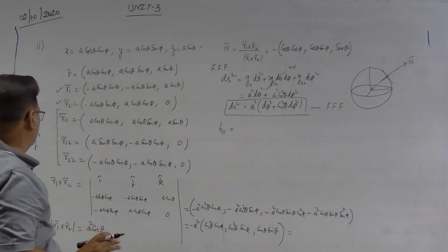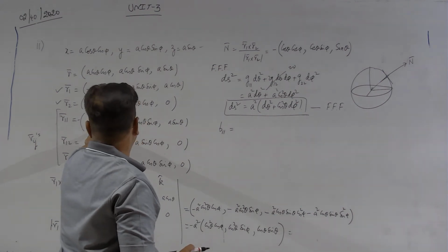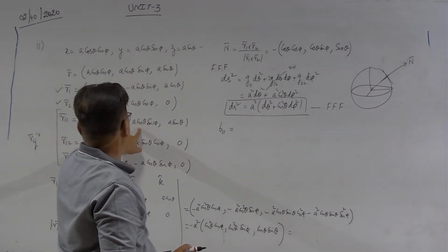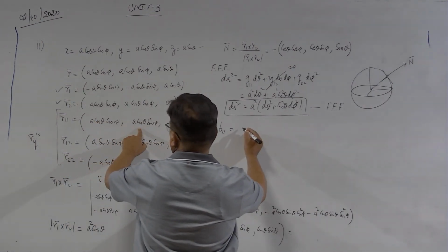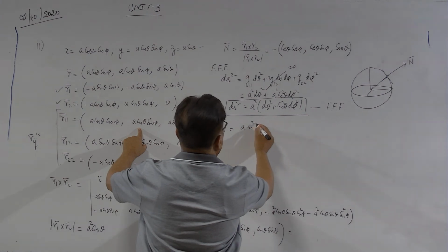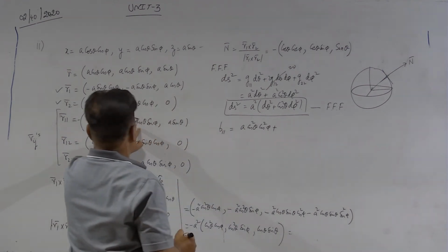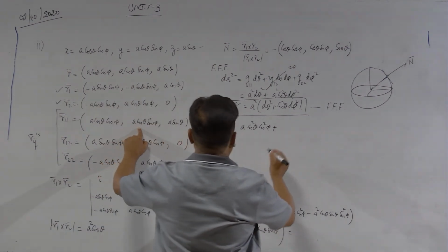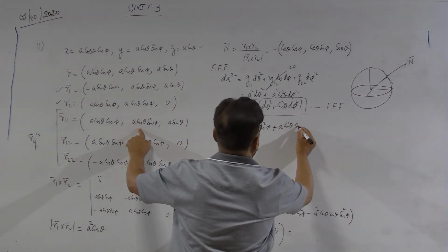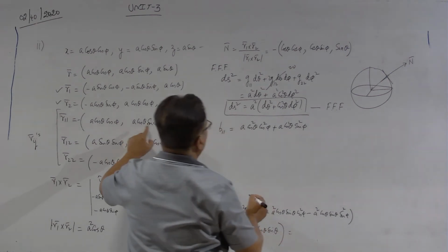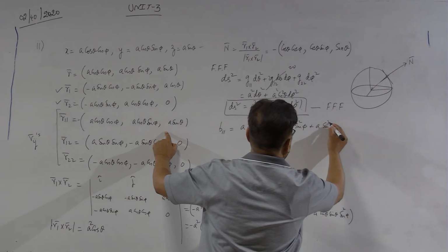So, this minus goes off. So, you have A cos square theta cos square phi plus A into cos square theta sin square phi, plus A into sin square theta.